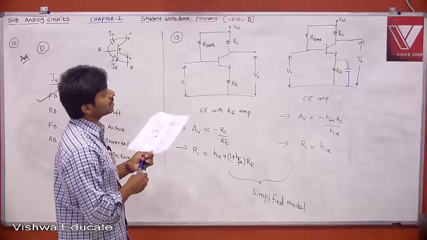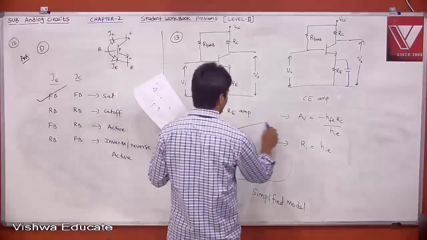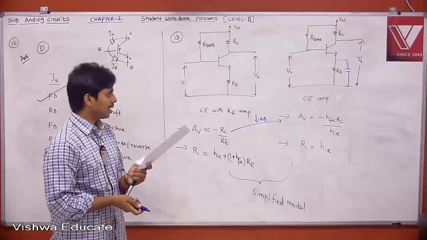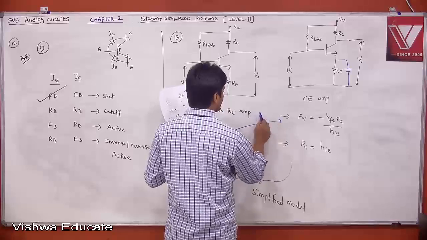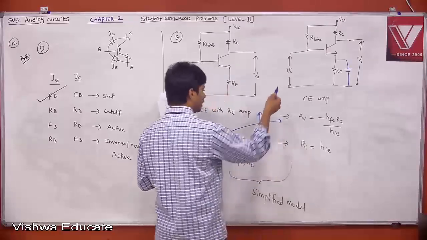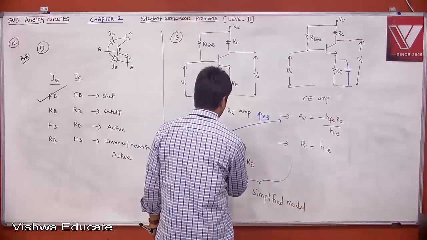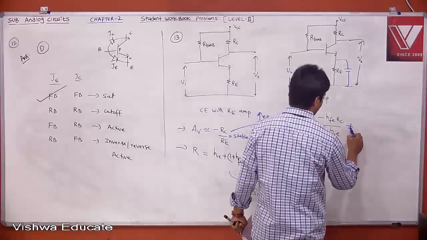If you keep a capacitor in parallel to RE, your voltage gain will increase because there is no feedback. If there is no feedback, your gain will increase, but it is not stable. Remember, this is stable, but this is unstable.